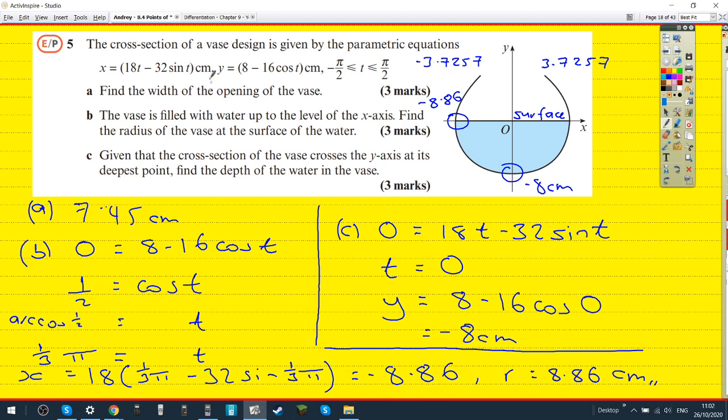So yeah, don't overthink these. This gives you the x position, this gives you the y position. Find out one, sub it into the other. T is the thing that you have in common, so you have to solve for t in one. Like when y is 0, what is t? And so with that value of t, what is x? And that's how you connect them.